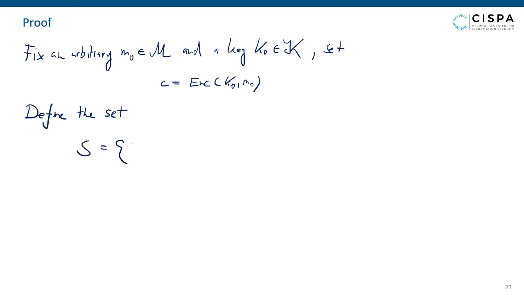as the decryptions of the ciphertext C under a key K, where the key K goes over all possible keys in the key space. Now recall that we asked that the decryption algorithm is a deterministic algorithm, which means that for every candidate key K, there is only one message to which this ciphertext C decrypts.